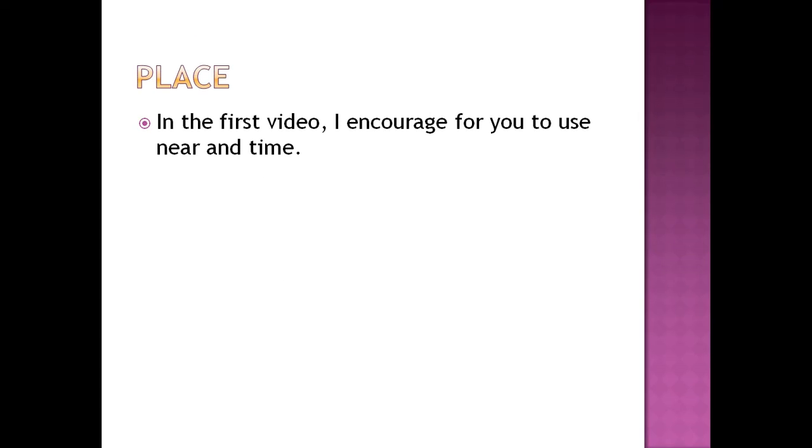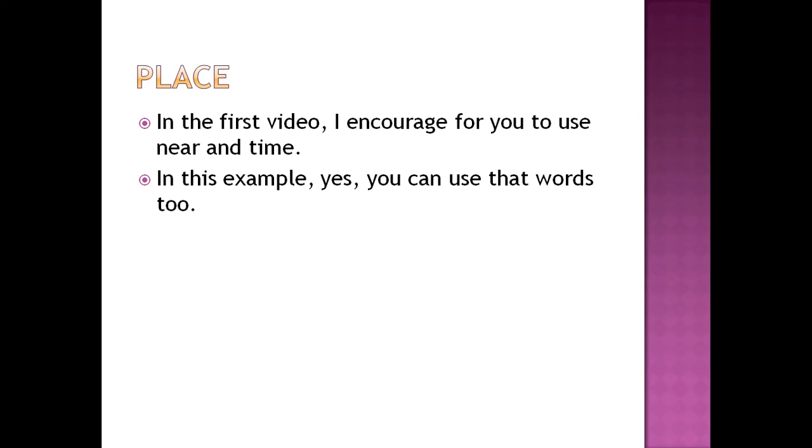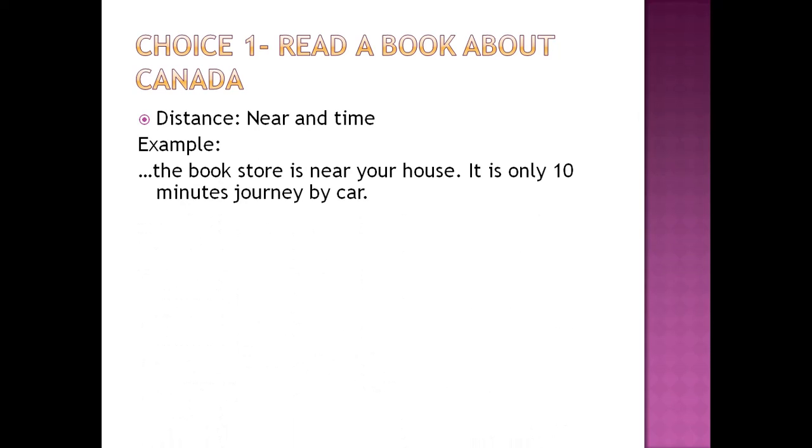Place. In the first video I encouraged you to choose near and time. In this example, yes, you can use those words too. Choice number 1, read a book about Canada: distance, near, and time. For example, the bookstore is near your house.